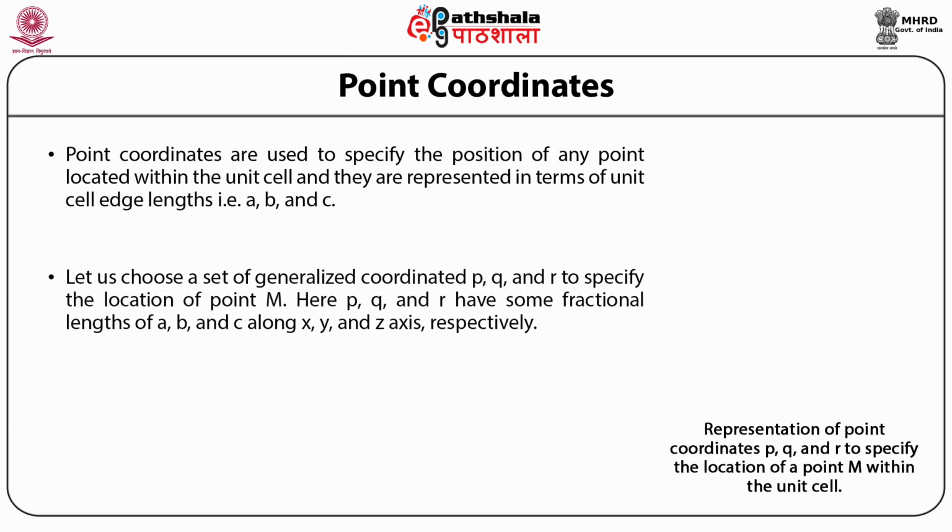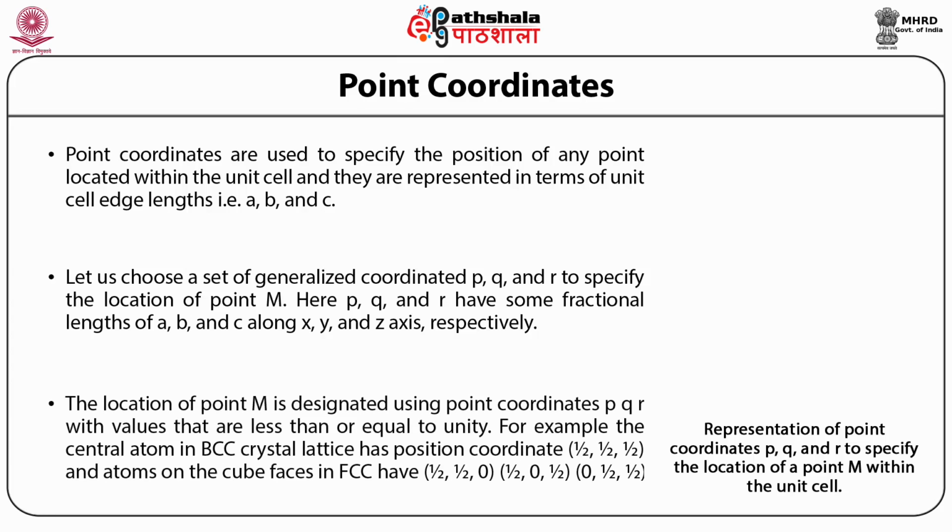Let us choose a set of generalized coordinates p, q, and r to specify the location of point M. Here, p, q, and r are fractional lengths of a, b, and c along x, y, and z axes respectively. Hence, the location of point M is designated using point coordinates p, q, r with values that are less than or equal to unity.